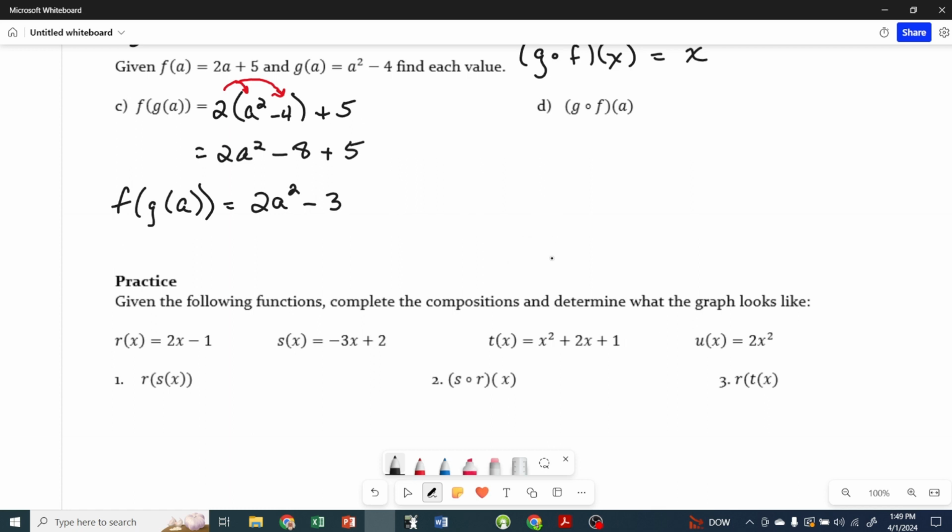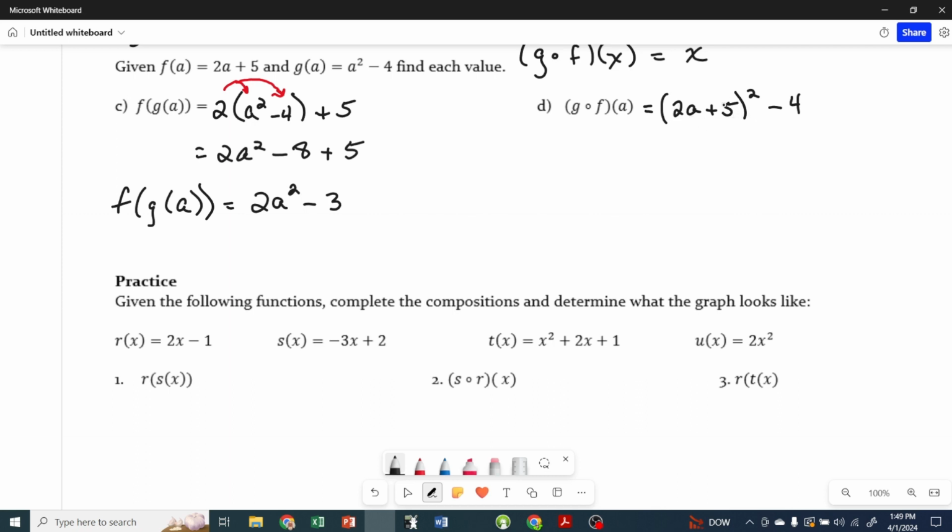Now we're going to end up with g of f of a. So we're going to plug f of a into g. So for a, I'm going to end up with 2a plus 5 squared minus 4. This becomes a little bit bigger.